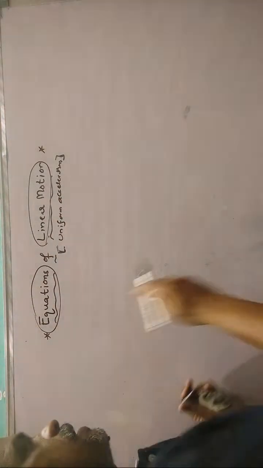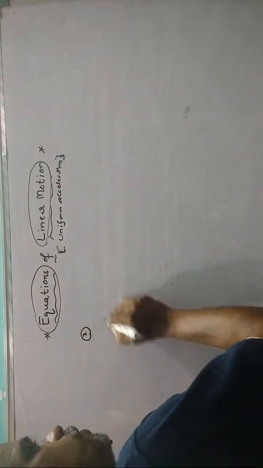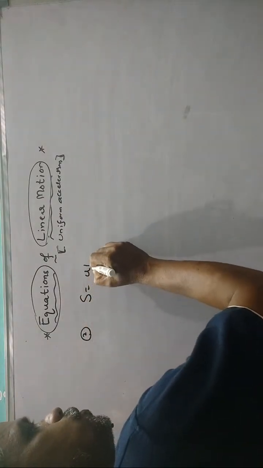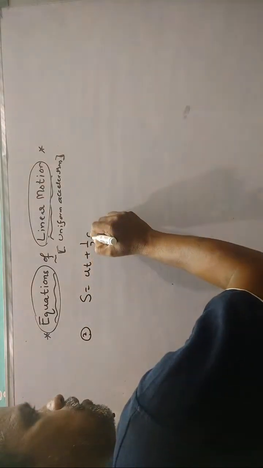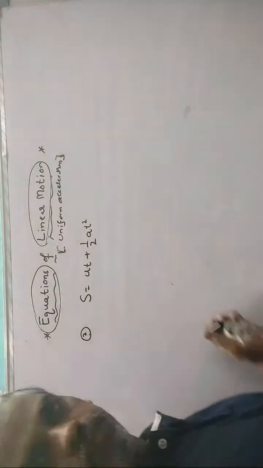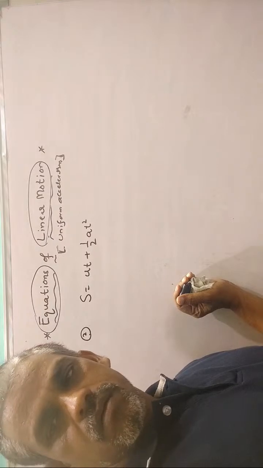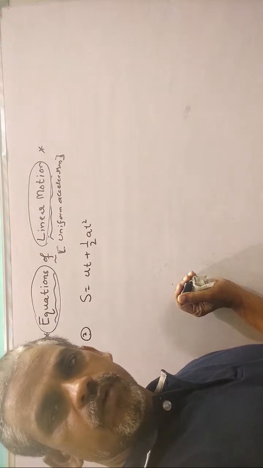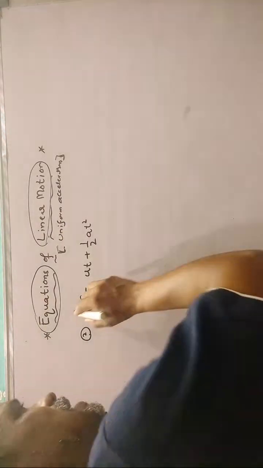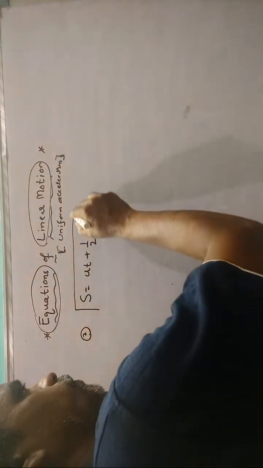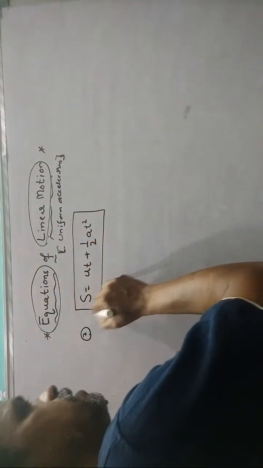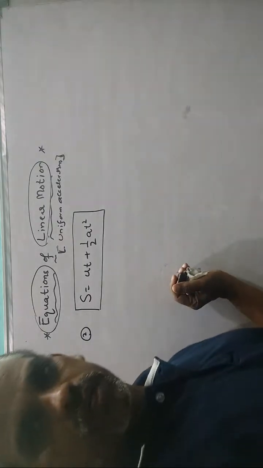Now we'll see the second equation of motion. S equal to ut plus half at square. This is the second equation of linear motion.